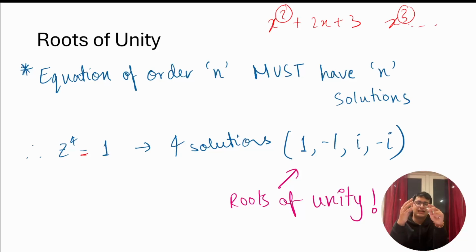And as I said, if you just know one imaginary solution, the other has to be its complex conjugate. So in this case, the imaginary solutions are i and minus i. And we call all of these roots together, roots being just another word for solution of a polynomial, the roots of unity.